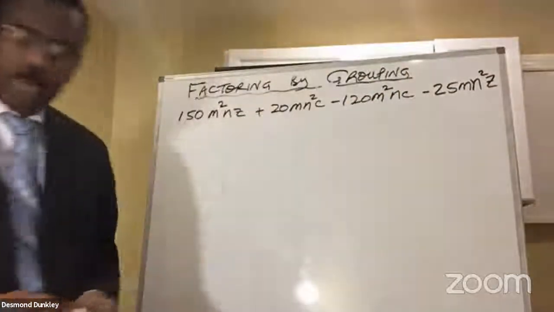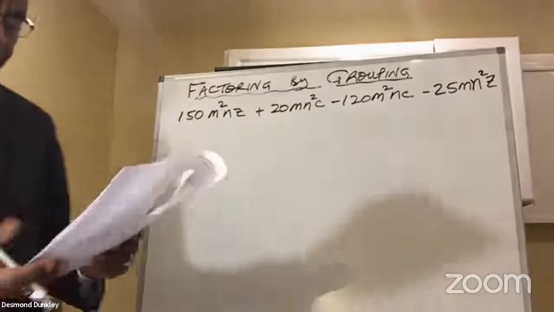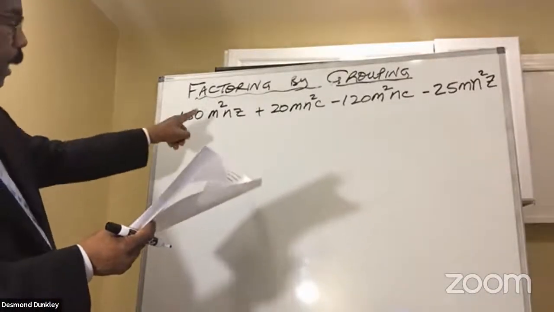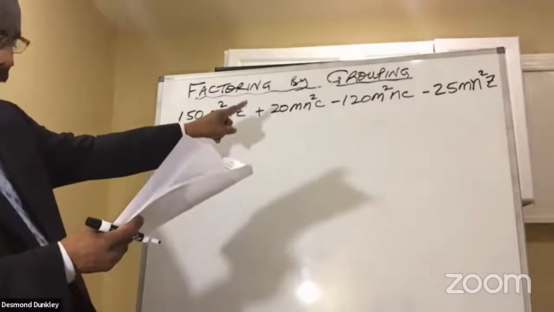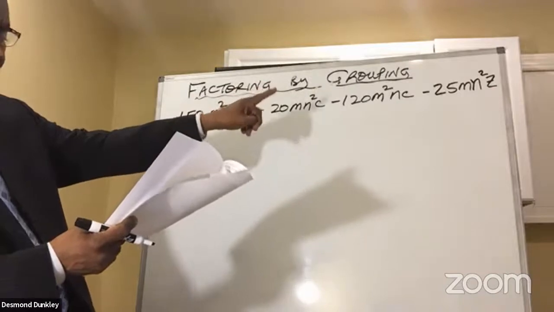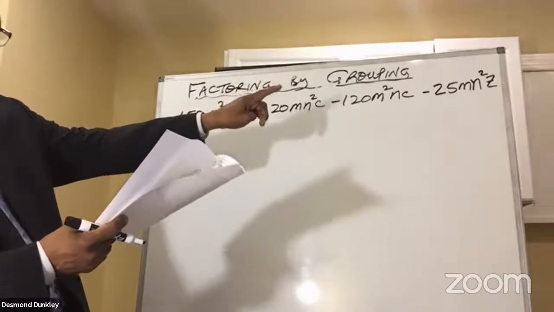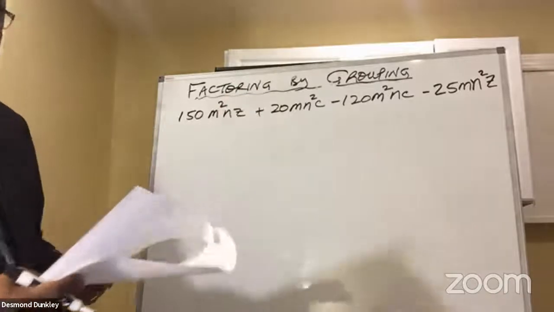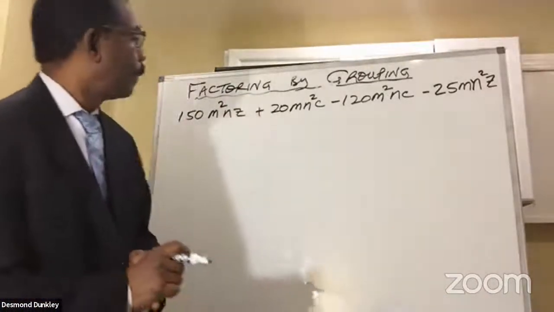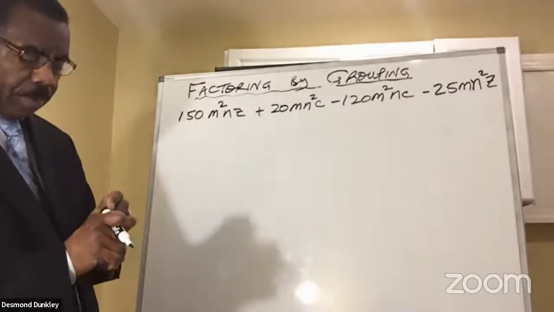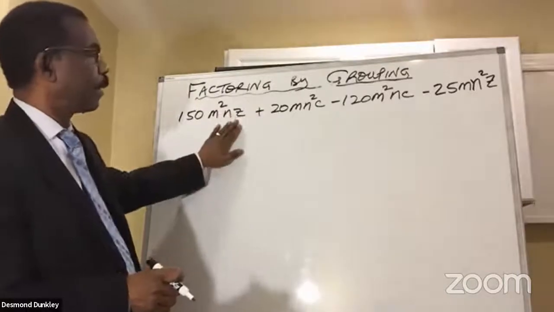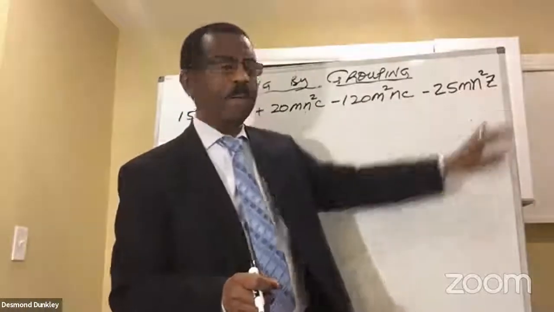So let me quickly double check because this looks very involved. 150 m squared nz plus 20 m squared c minus 120 m squared nc minus 25 m squared z. And they want us to factor this by grouping. Now, as I look at this, I notice that there's a z here and there's a z here.